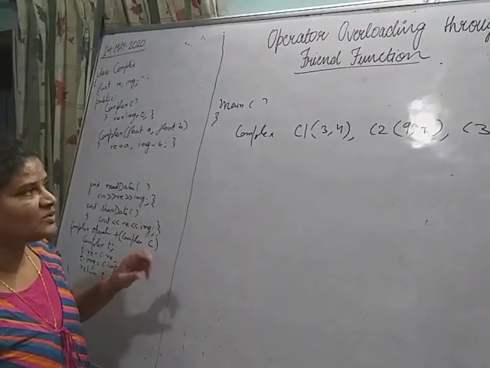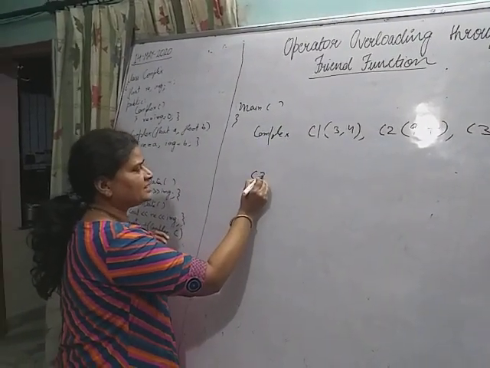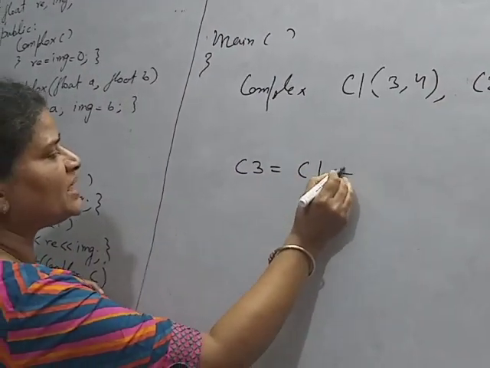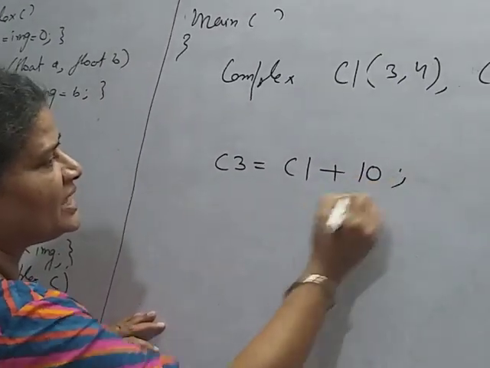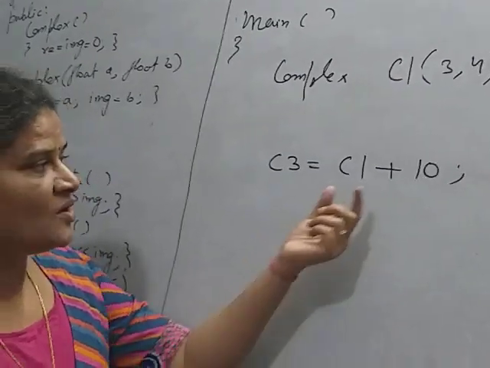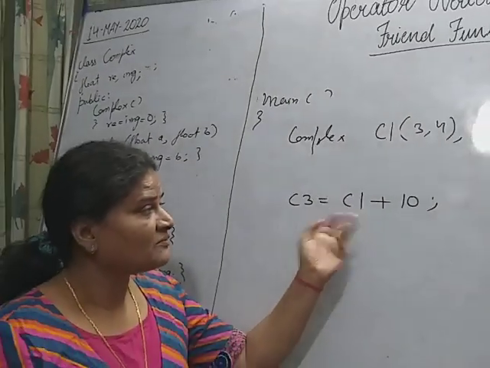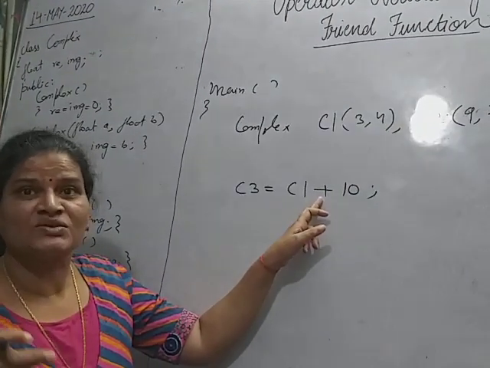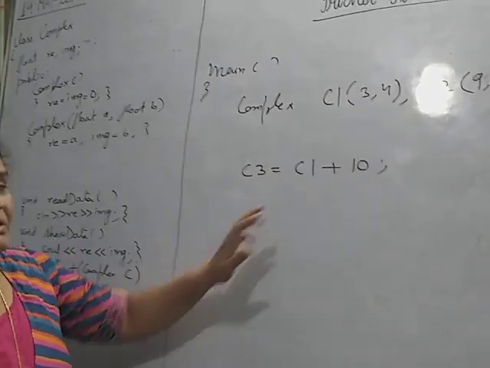Now suppose I want to perform C3 equal to C1 plus 10. I want to give a new definition of plus. Here the compiler first checks whether plus is overloaded with two operands, one of complex class and another an integer.